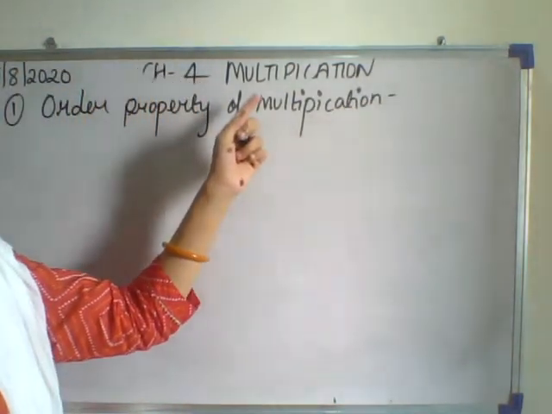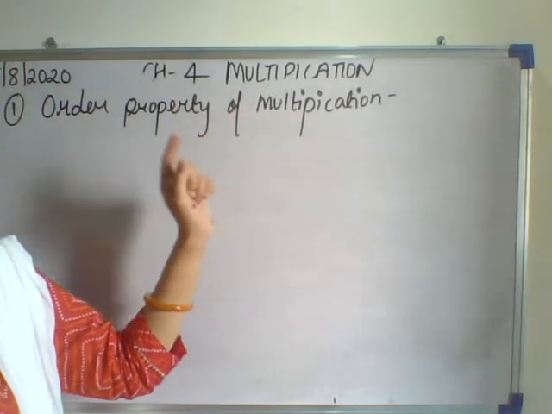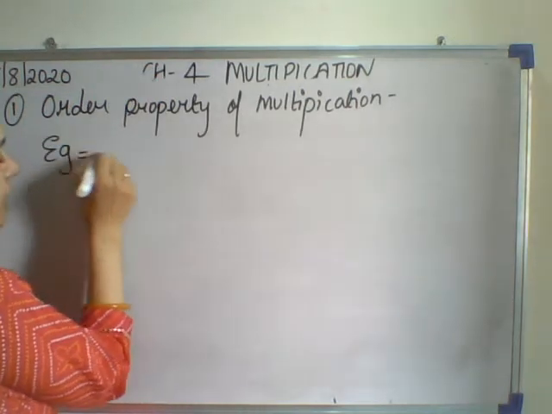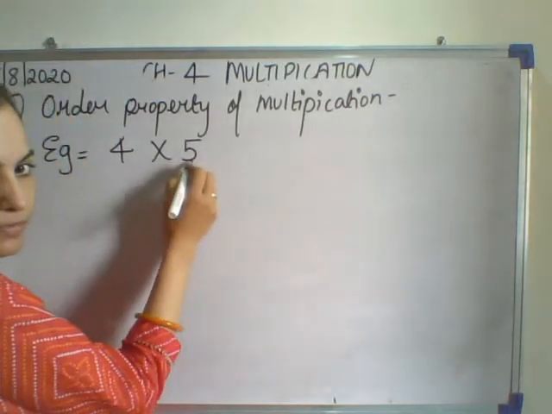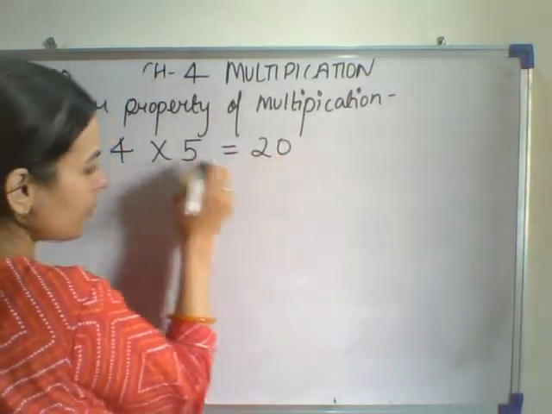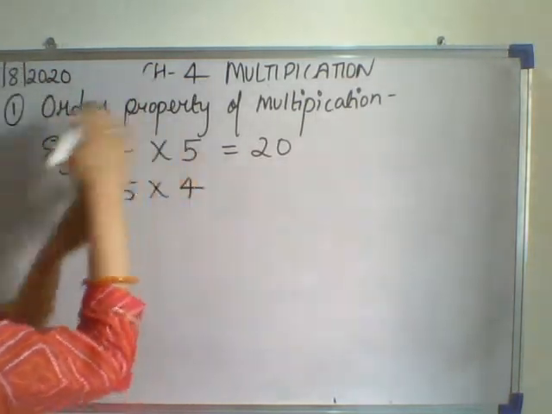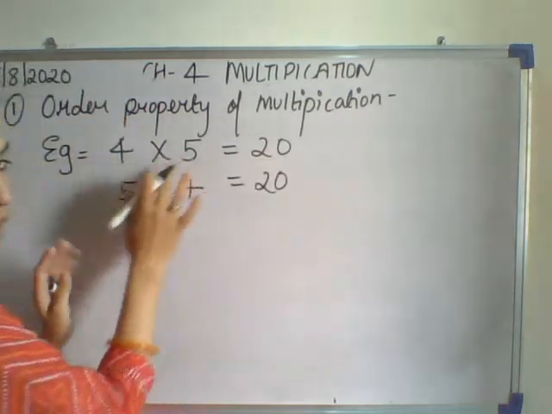It means if the order of the factors is changed, the product does not change. For example, let us take an example like 4 into 5. 4 5s are 20. If I write 5 here and then I write 4, if I reverse this, then also the answer is same.